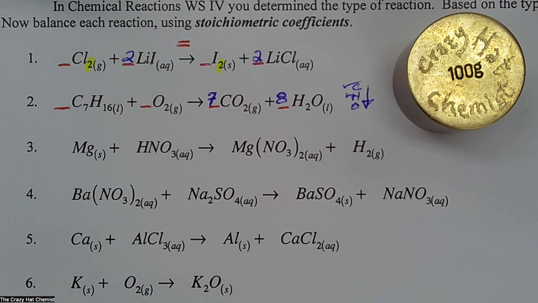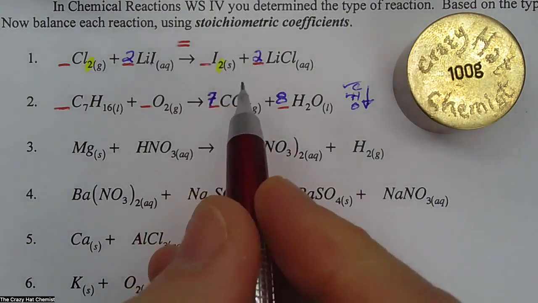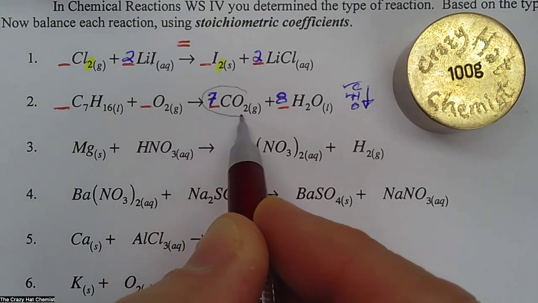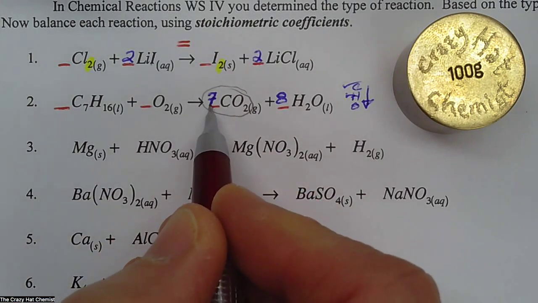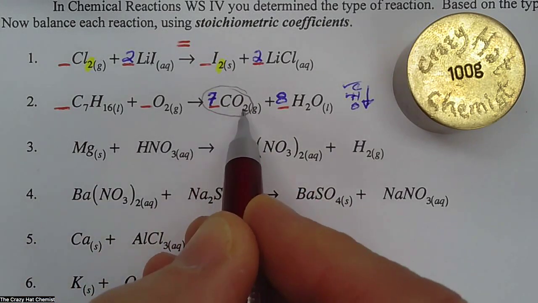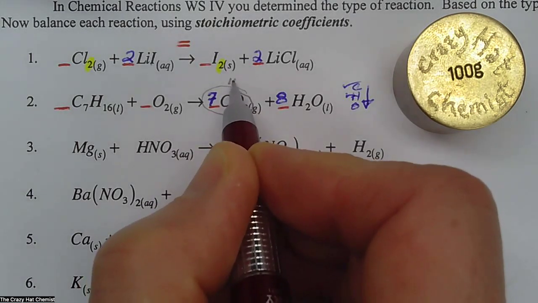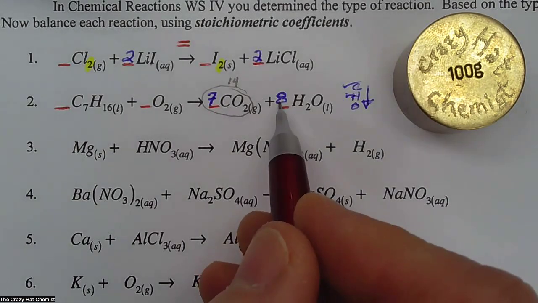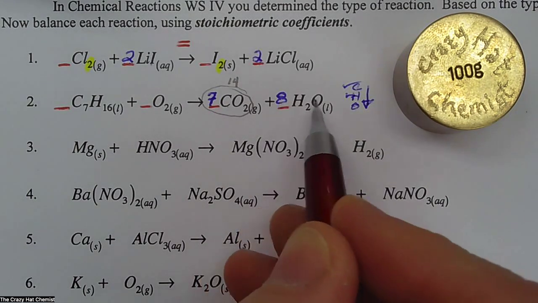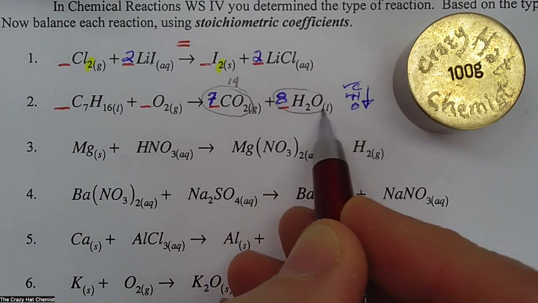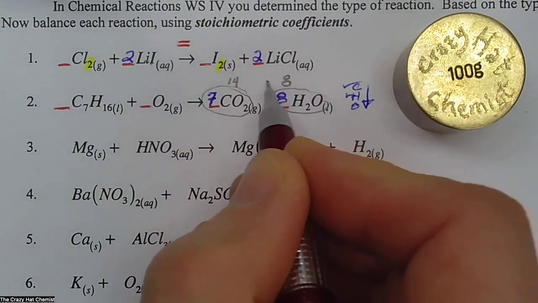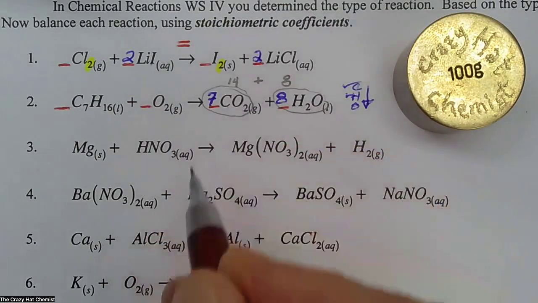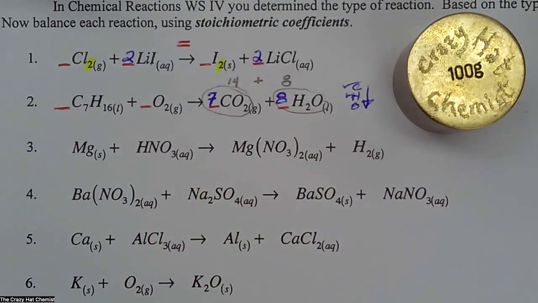So to deal with that, what we're going to do is calculate the number of oxygens right here with that stoichiometric coefficient of a 7. So it's 7 times 2, that is 14. And then it is 8 times 1, that is 8. And now what we're going to do is add up these 2 numbers here.